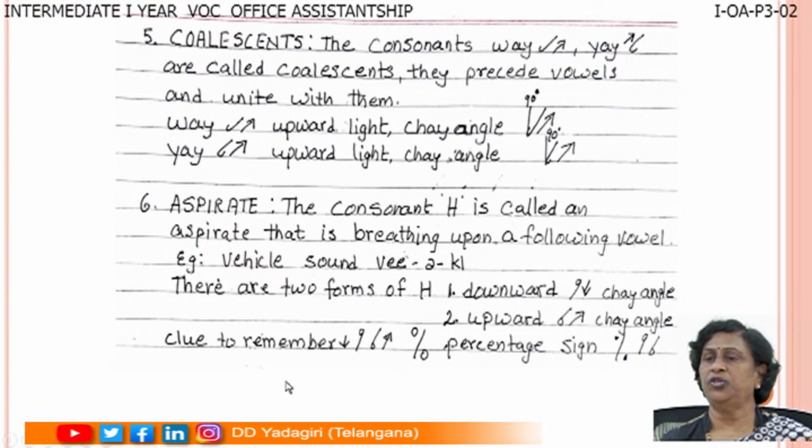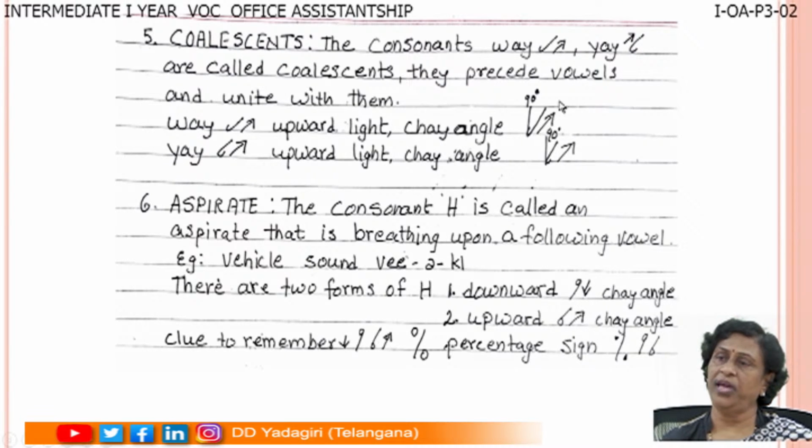The clue to remember is that of a percentage sign. Do you know how a percentage sign looks? Like this. Just to explain how to write the downward and upward H, I'm showing you the percentage sign in this manner. From this circle, if you're going down, it is downward H. And from this circle, if you go up, it is the upward H. Is it easy to remember downward H and upward H with the percentage sign, and way and ye with the right tick and the opposite tick?